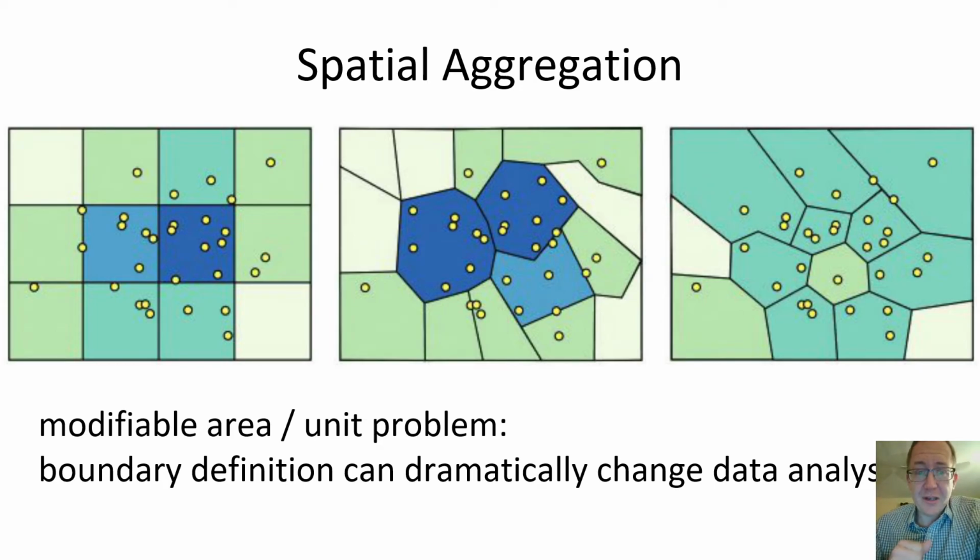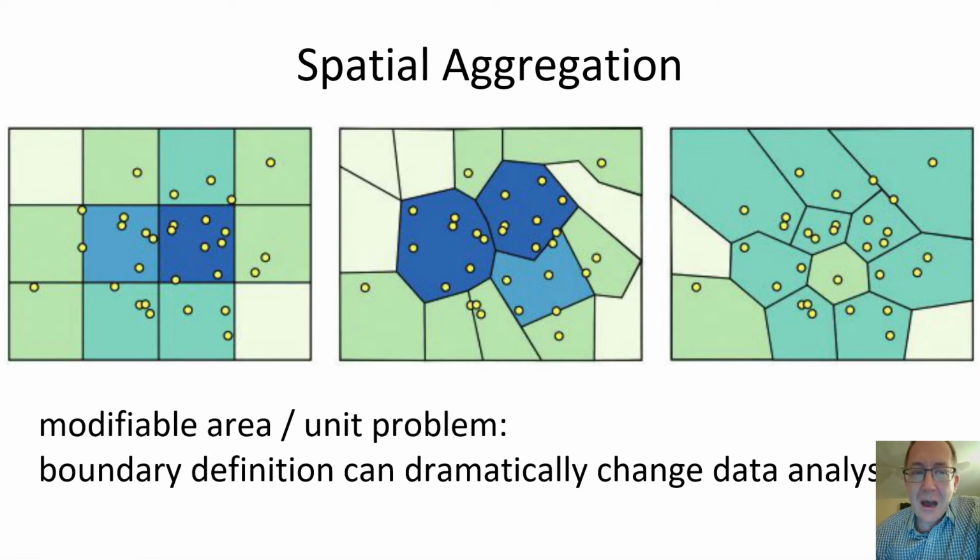Spatial aggregation, the idea is space is actually continuous, right? If I have a town and I separate people in the town, well, the downtown core has a lot more people than the suburb area of town. The people next to the train tracks, there are fewer people there than right in the downtown core.